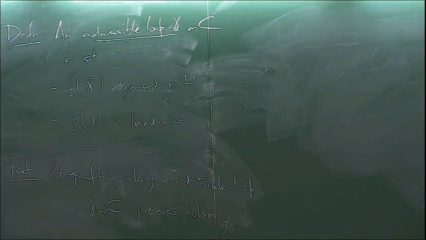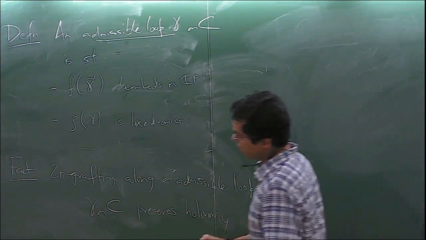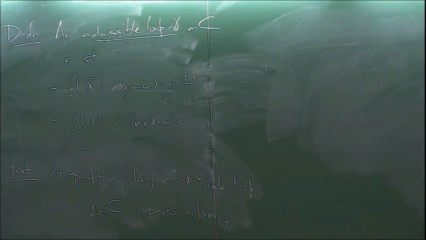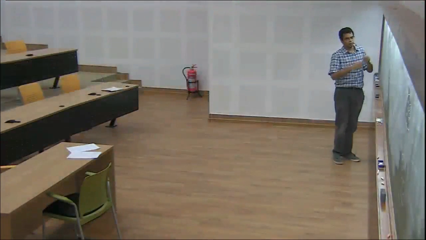So this is nice, but the trouble is that it might be difficult to find admissible loops because, as I mentioned, a complex projective structure's developing map to CP1 could be pretty wild, and finding a loop whose developing image embeds might be hard.